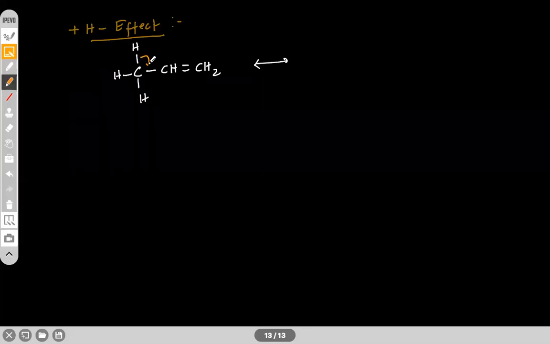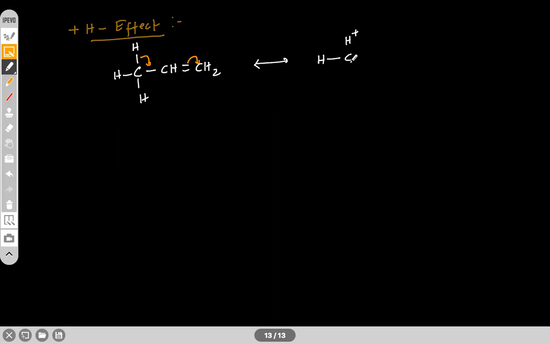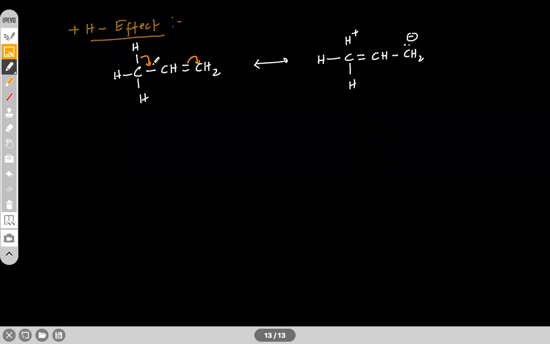This bond comes over here and this pi electron jumps onto this carbon. So we get what? H-CH plus, H=C, H single bond CH2, negative charge on this. So this is releasing electron, plus H effect.